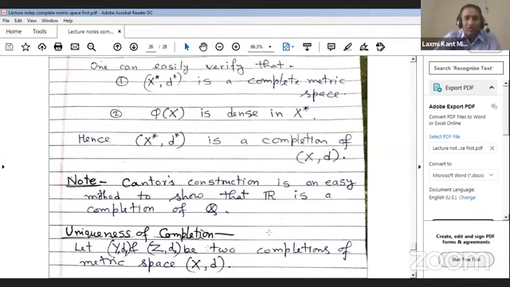So now we come to the proof of uniqueness of completion. Suppose we have two completions of the metric space X, d.